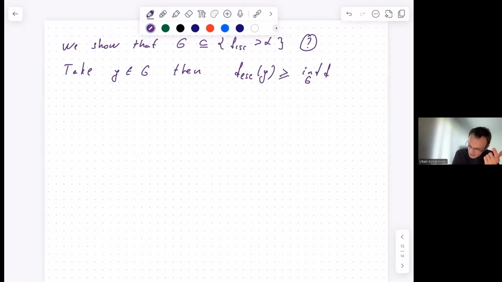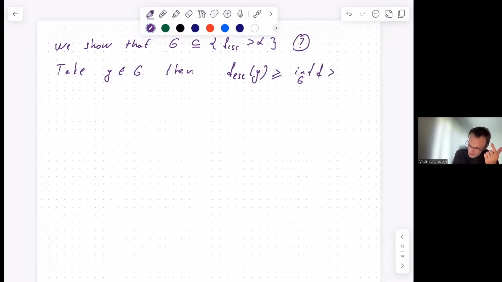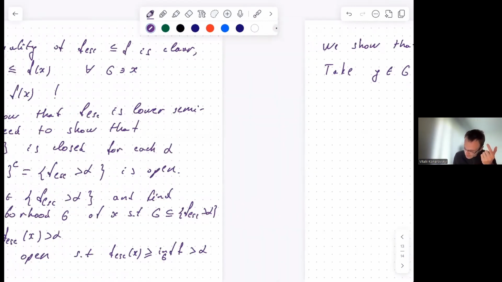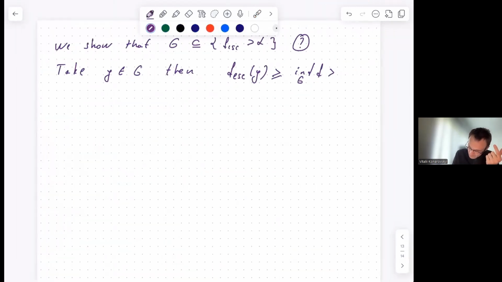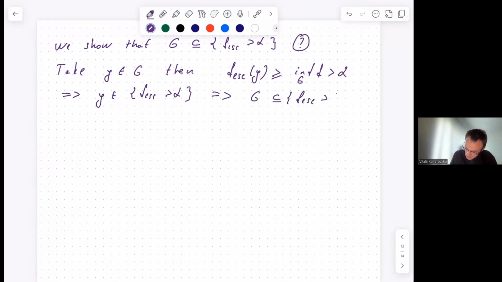But on the other side, we chose the set G in such a way that the infimum is larger than alpha. And it implies that y belongs to {f lower semi-continuous larger than alpha}. That implies that G is a subset of {f lower semi-continuous larger than alpha}.